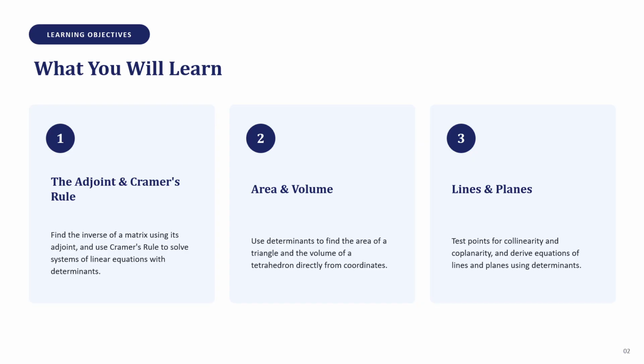The second is to find the area and the volume, using determinants to find the area of a triangle and the volume of a tetrahedron directly from coordinates. For our third learning objective, we'll learn about lines and planes: to test points for collinearity and coplanarity and derive equations of lines and planes using determinants.